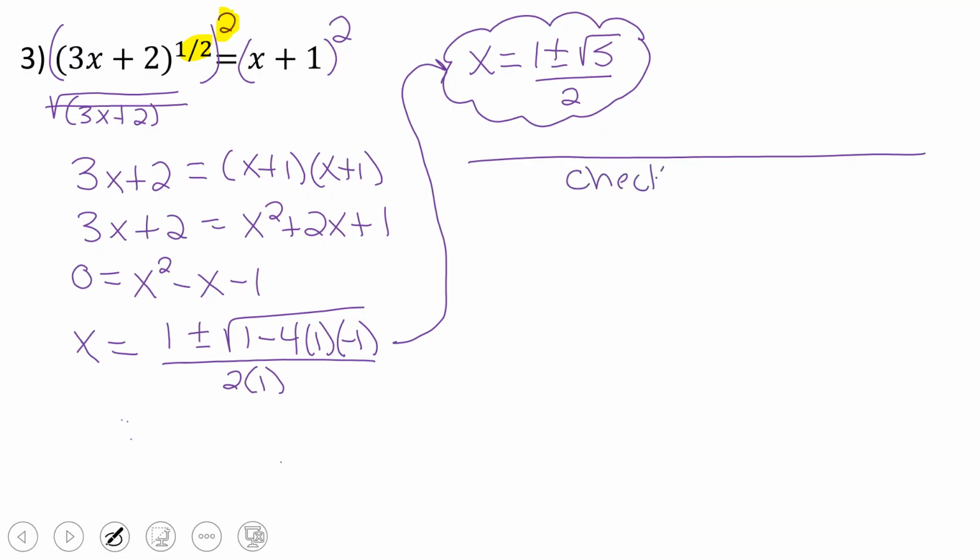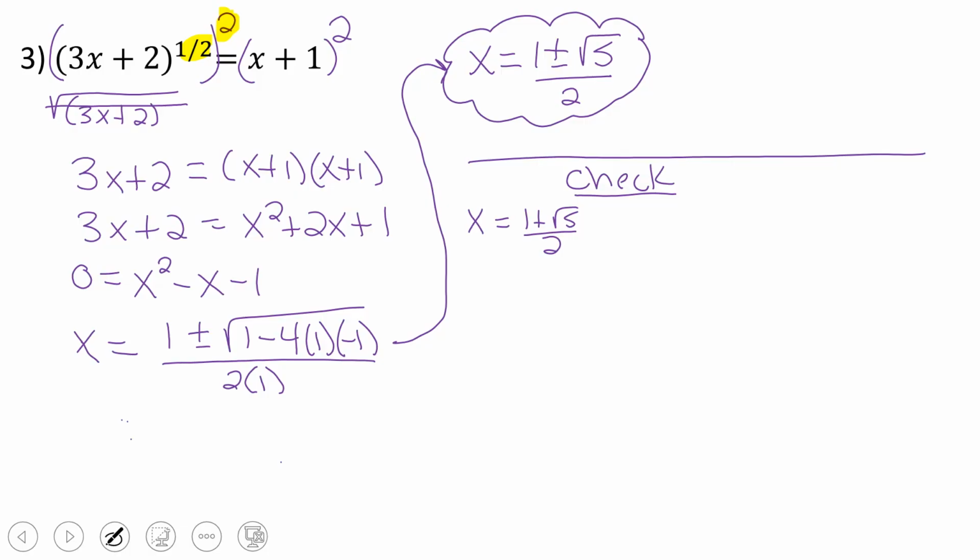And here's the only catch. When you plug in decimals, it's not the exact answer. You are rounding. So your checks may not come out to be exactly matching, but they should be very, very close. If I'm going to check 1 plus the square root of 5 over 2, I'm going to use a calculator, okay?